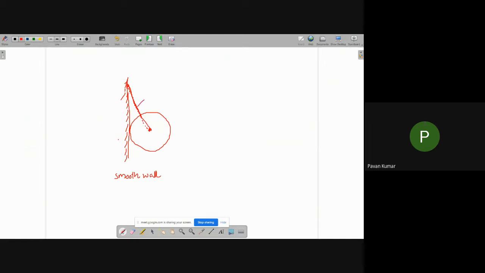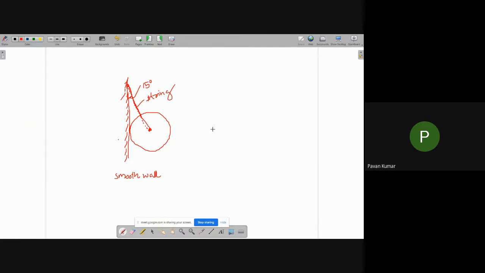Okay, so this is a string and this is a smooth ball, and the ball is having 100 Newton. So this is our question, and the angle is also given. Okay, it is given as this angle is 15 degree.